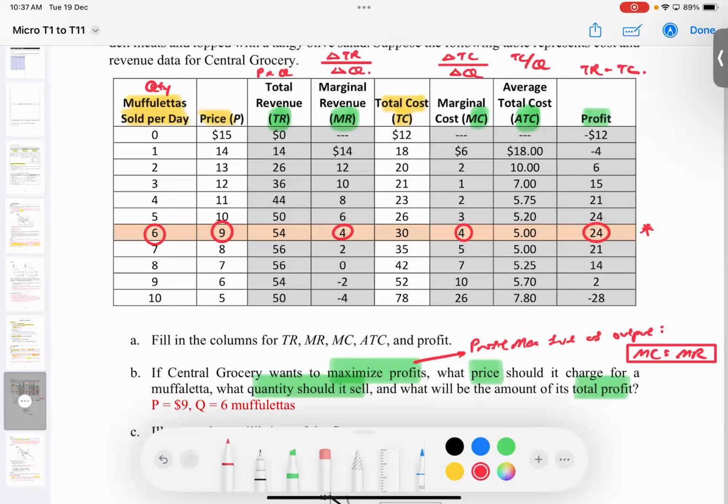Here marginal cost is 4 and marginal revenue is 4, but in the exam this might not be the case. In reality, the values will not be exactly the same. So in that case, you choose the quantity that has the closest gap between marginal revenue and marginal cost. Remember, they are not always equal to each other.